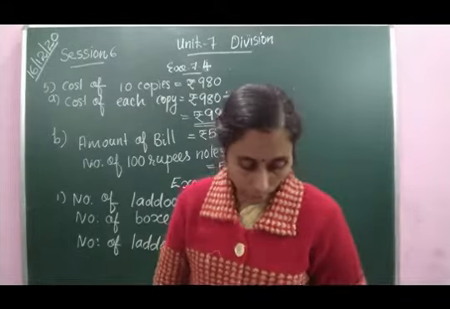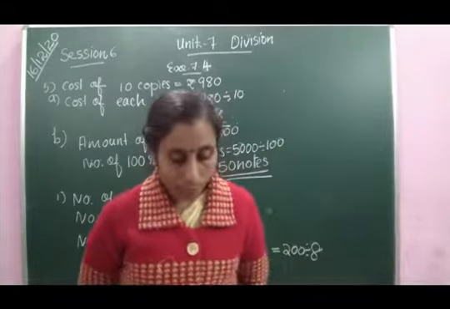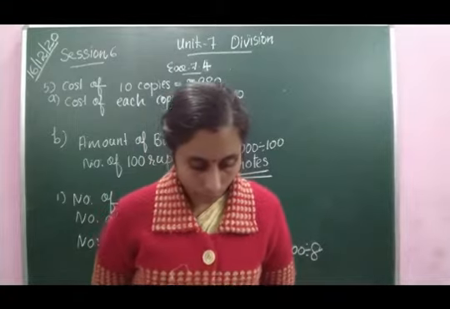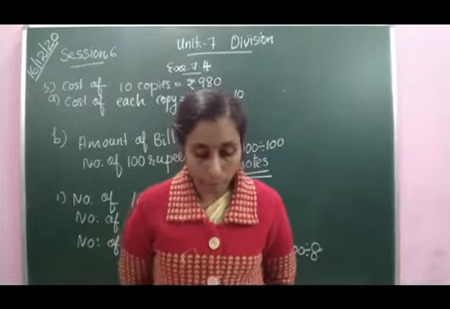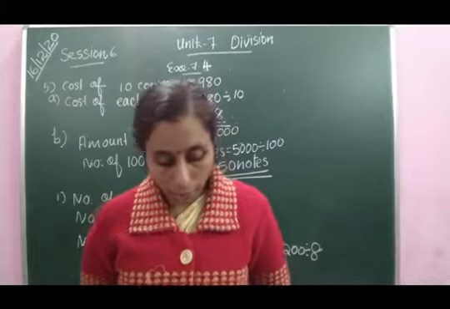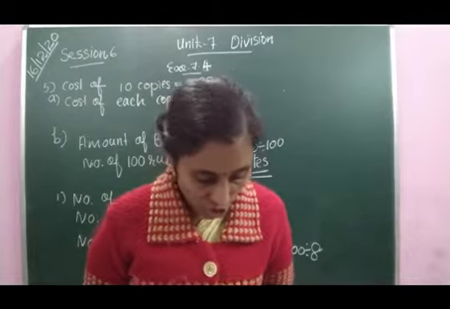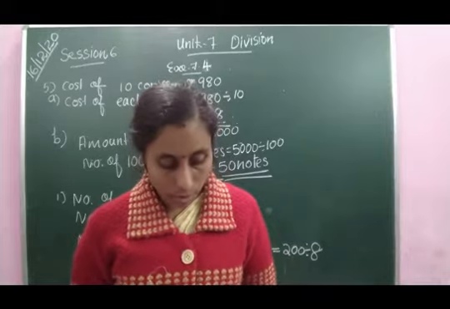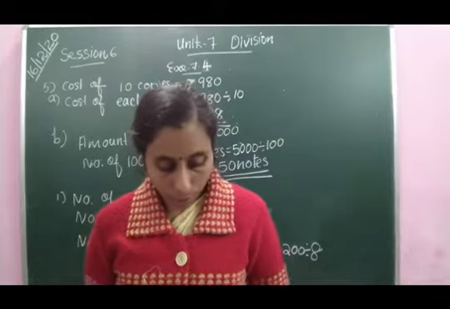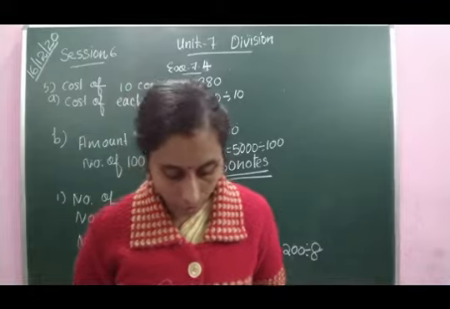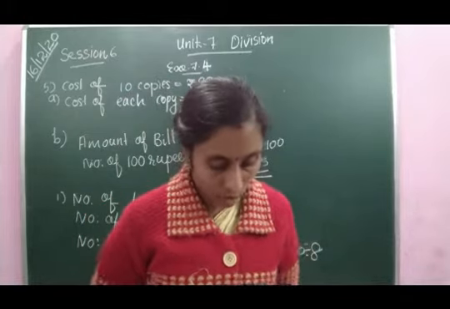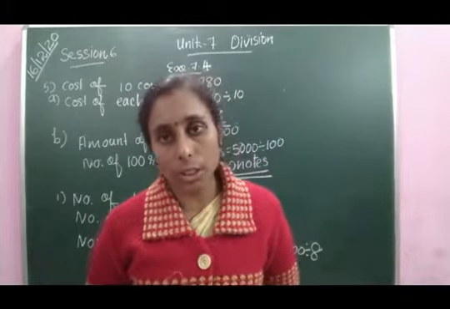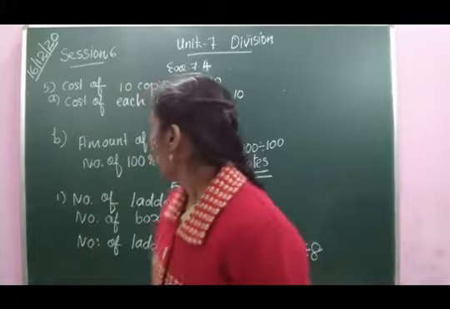Next question. The hotel bill was rupees 5,000. Renu has 100 rupees notes. How many notes will she have to give? How can we do it?